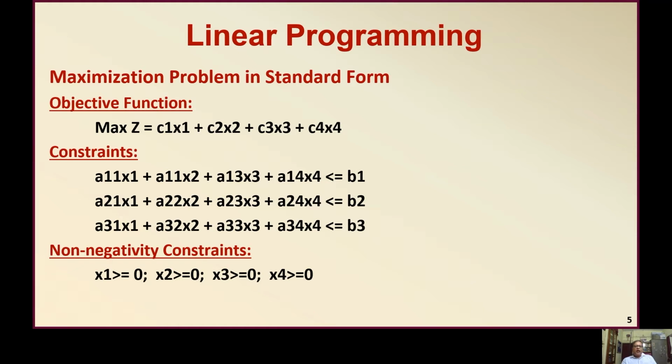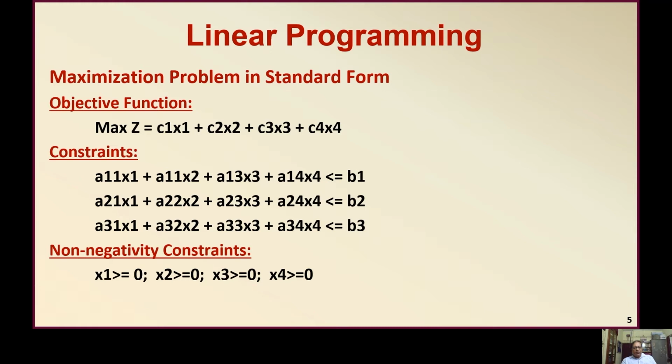Here these ci's, the c1, c2, c3, c4, are all the profit coefficients. The x1, x2, x3, x4 are our decision variables or the activities. In the constraints, the a11, a12, a13, etc., are the coefficients.